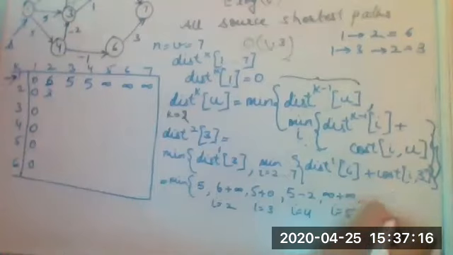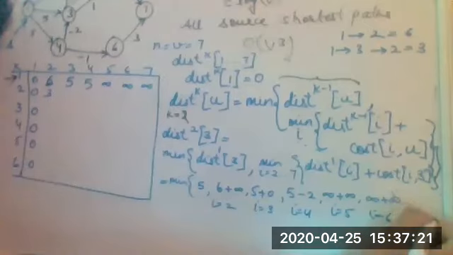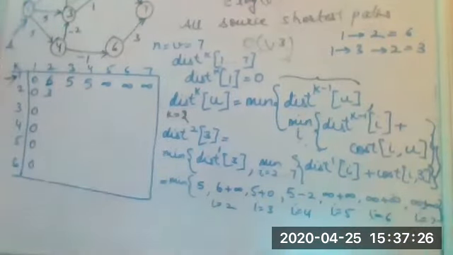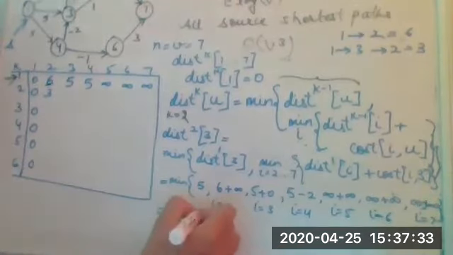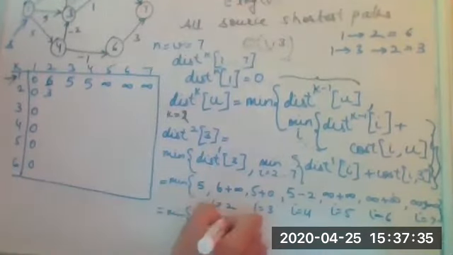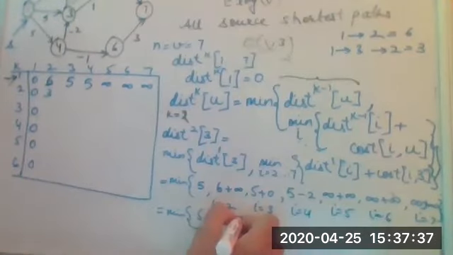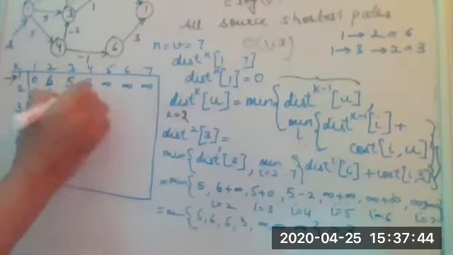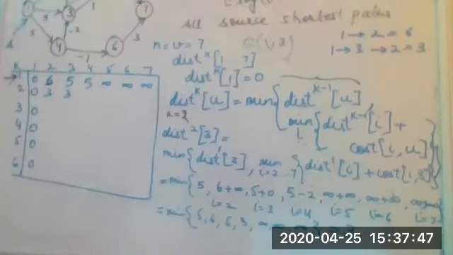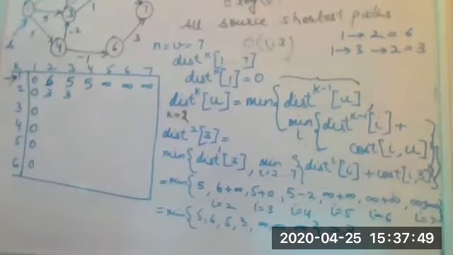I equal to 6, infinite plus infinity, and I equal to 7 also is infinity plus infinity. So this is equal to the minimum of 5, 6, 5, again 3, infinity and infinity. So this is going to be 3. So here also the value is 3. I hope this is clear.